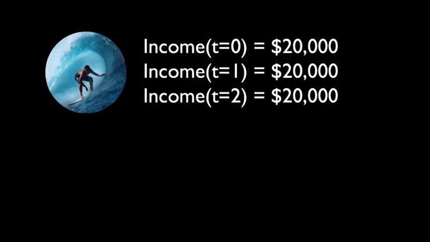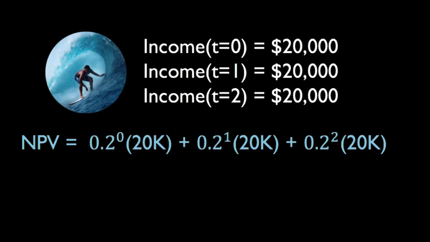All right, now let's see what would happen if this guy became a surfer. If he became a surfer, then every time period of his life, let's say he'll bring in an income of $20,000. So mathematically, you would take his delta, 0.2, and you would, first of all, raise it to the initial time period t equals 0, and his income during time period t equals 0 is $20,000. That gives you term number 1.